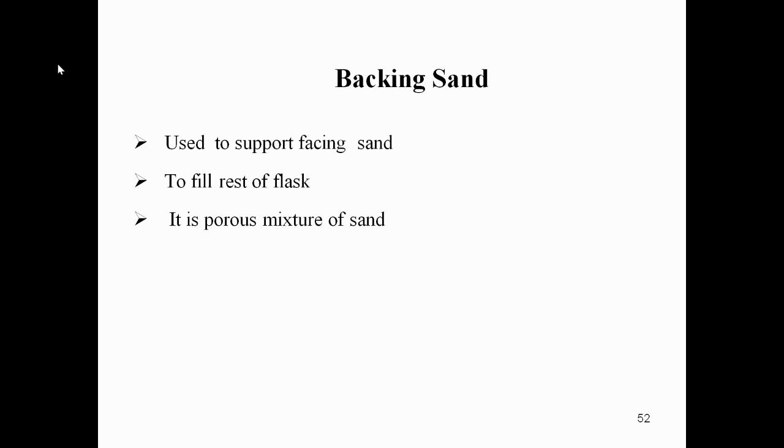The fifth one is a baking sand. This baking sand is used to support facing sand, to fill the rest of the flask. This baking sand is porous. Next will be the system sand.